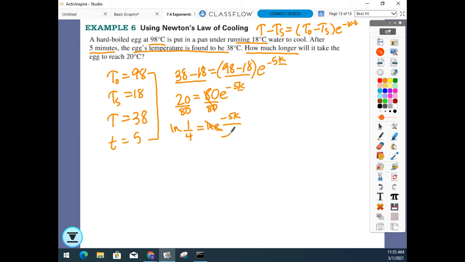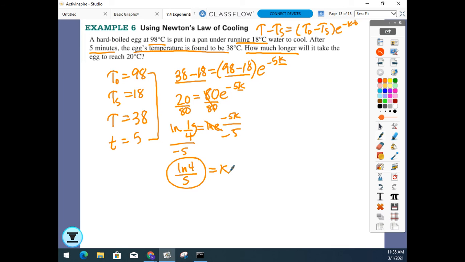And then to solve for k, I divide by -5. Now, if you remember that little trick from before, I can move this up. That'll be ln 4 to the -1 divided by -5, then the negatives cancel. This is a much easier k to deal with.